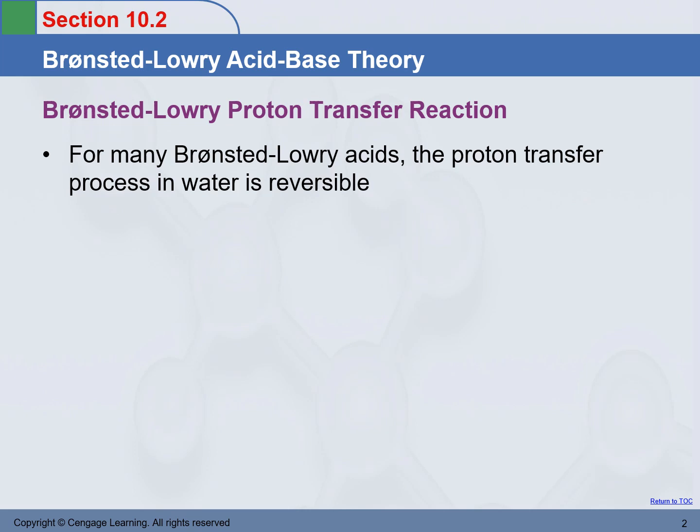For many Brønsted-Lowry acids, the proton transfer process in water is actually reversible. So let's look at this example. A carbonic acid dissolved in water, a proton is transferred from carbonic acid to water.